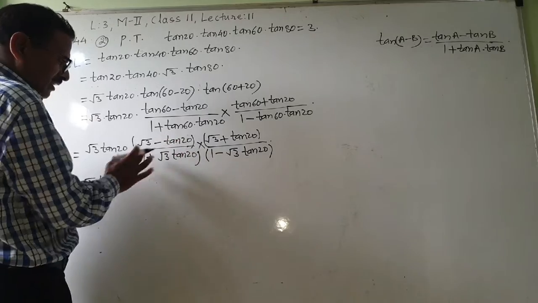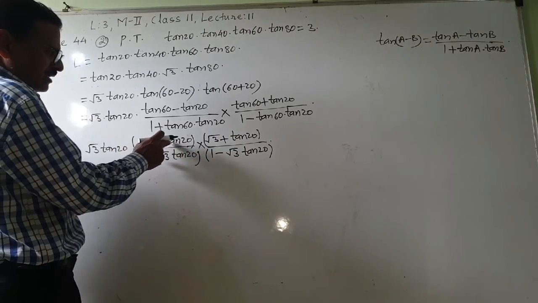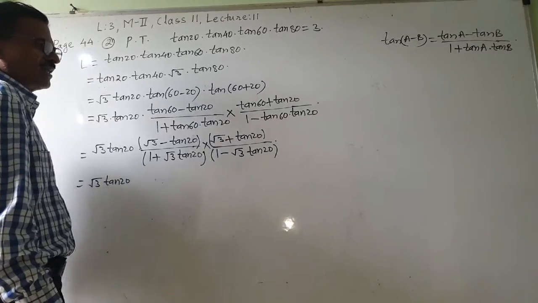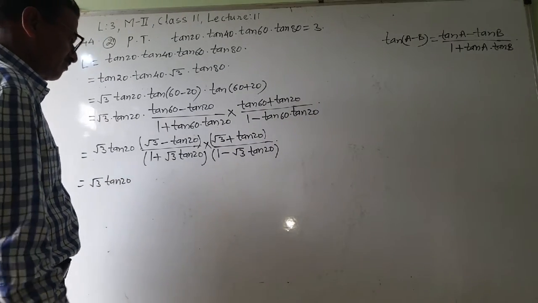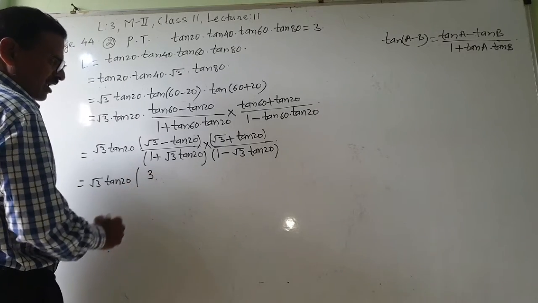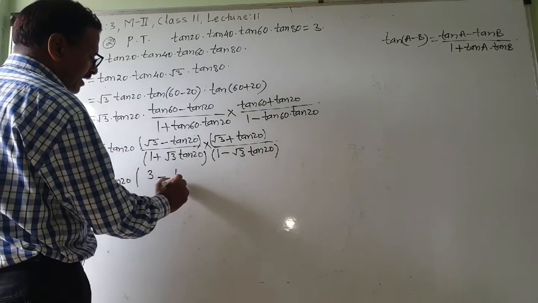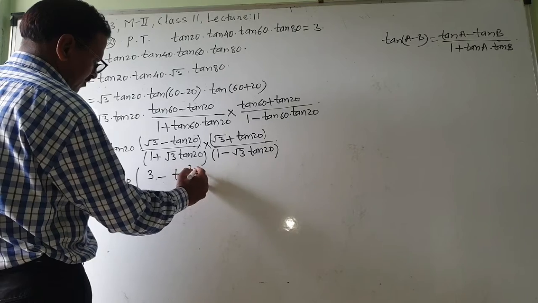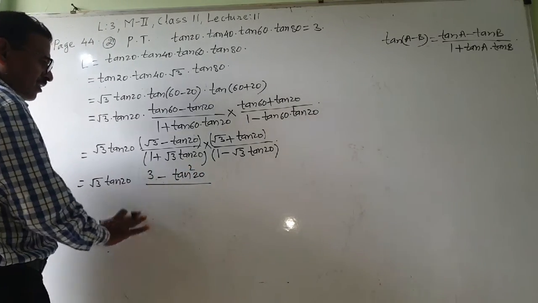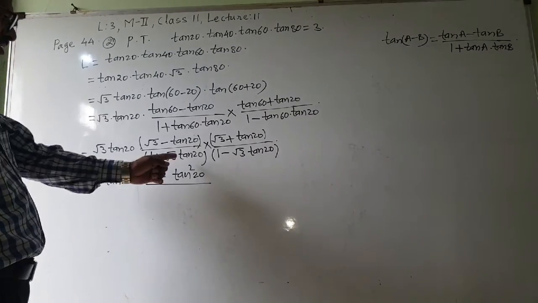So this a minus b, a plus b means a square minus b square. So this is root 3 square is 3 minus tan square 20 upon, this will be what?